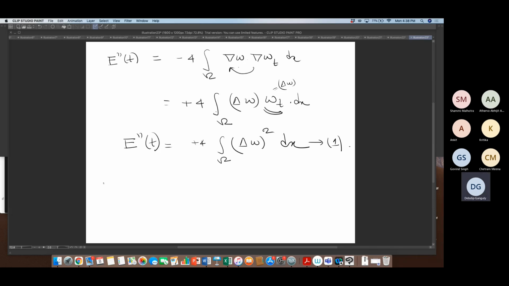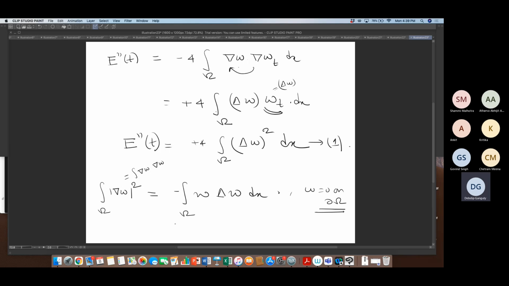You just consider another one. This is nothing but integration by parts you do. Gradient W dot gradient W, you just take the Laplacian W minus. Again it's 0 because W equal to 0 on the boundary of omega.